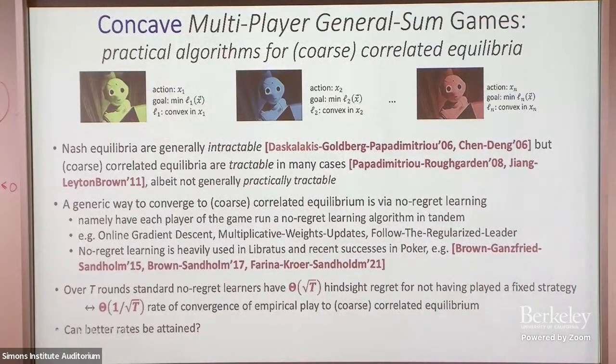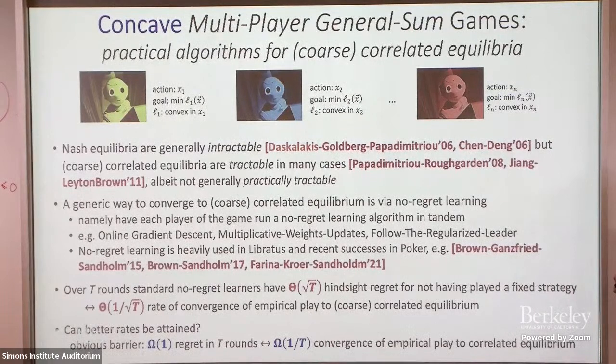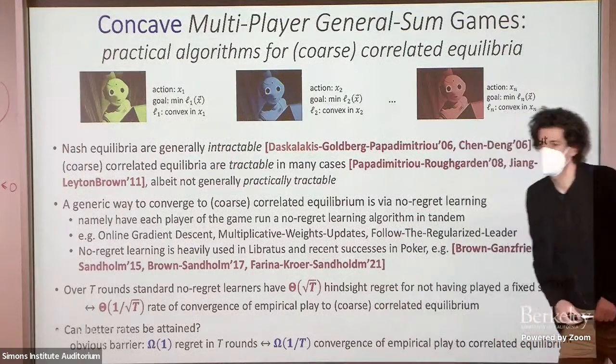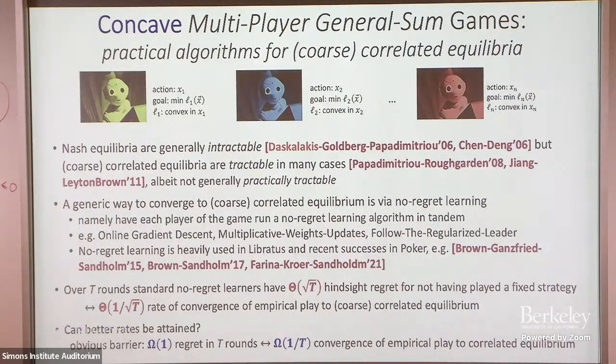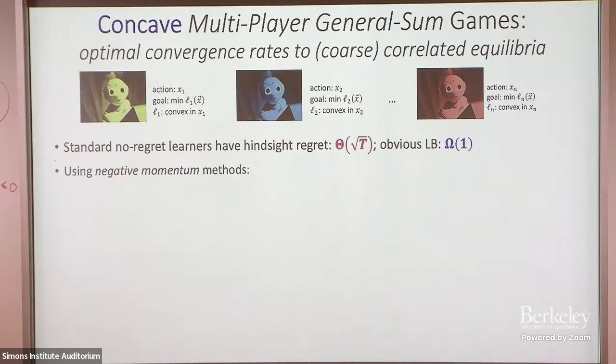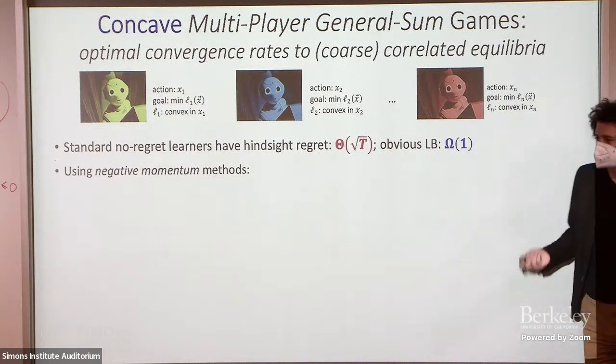And the question is, how much can you push this rate of convergence? The obvious upper bound on the regret in a game setting is constant, which means that the obvious lower bound on the rate at which the empirical play converges to correlated equilibrium is 1/T. So there's a gap between what we know, which is 1/√T, and what the obvious lower bound is, which is 1/T. So the question is, can you get this 1/T?